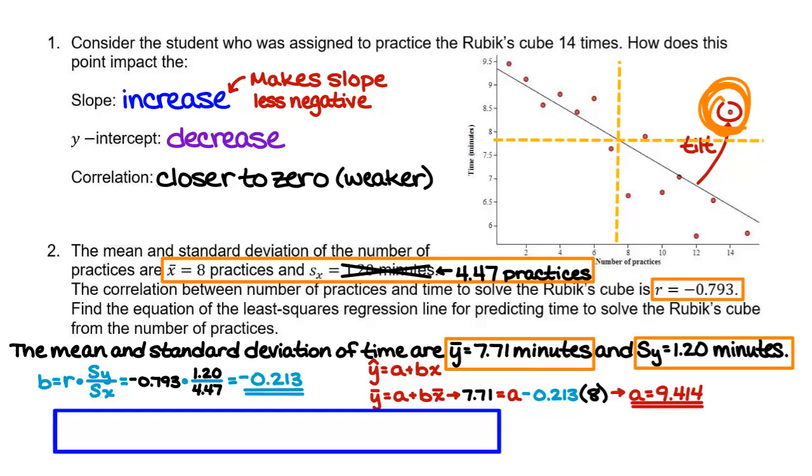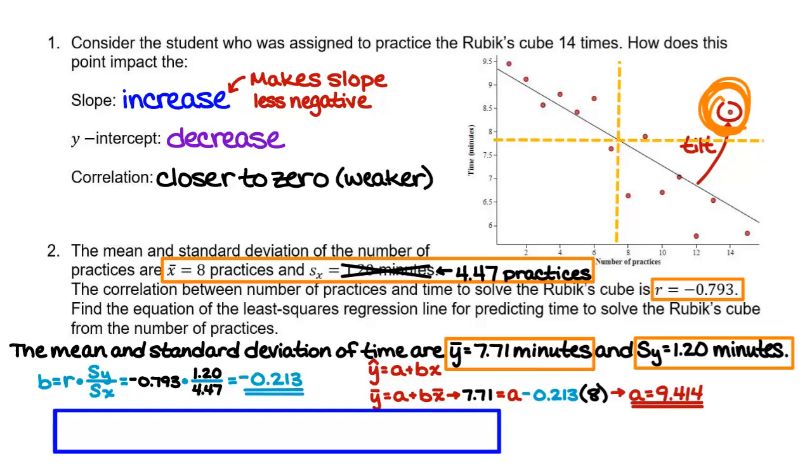Last thing you needed to do here, though, was to actually write out the least squares regression equation. If you have not done that, take a moment to do that. You should write it out in context, not y hat, but whatever the y variable represents. What is our y variable?